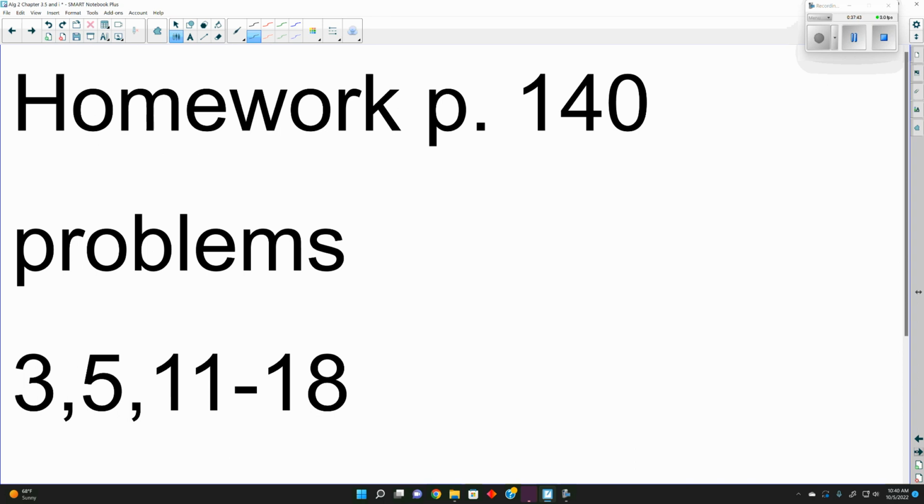Does that make sense? For those first two. But the rest of them, you're finding the value of c and finding it as a set of parentheses squared. And tomorrow we're going to dig into solving perfect square trinomial.